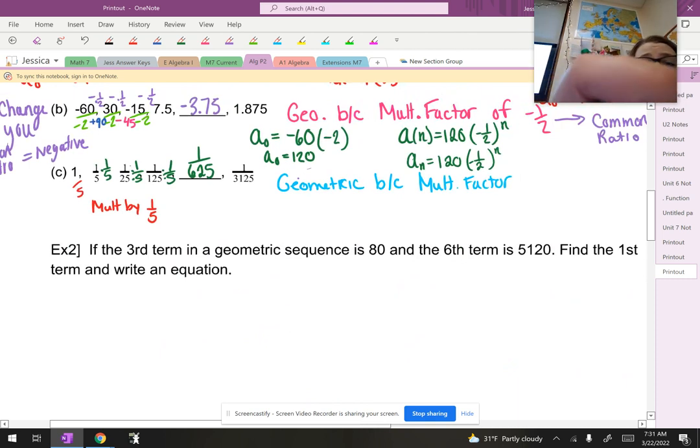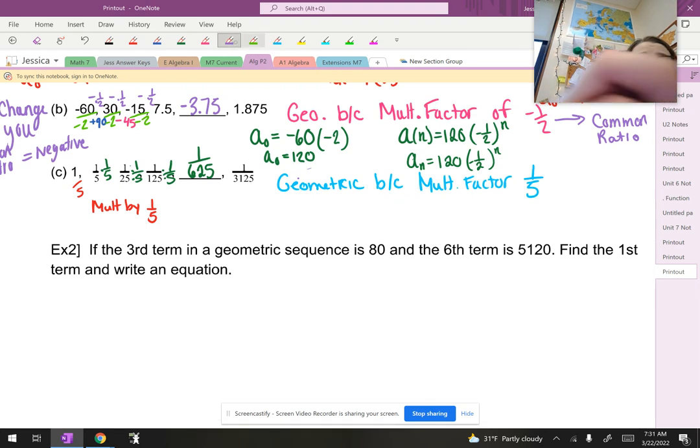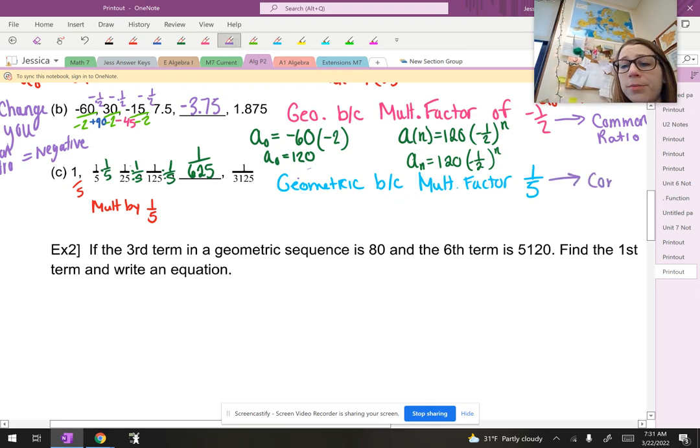So geometric, because it has a multiplying factor of 1/5, which is therefore my common ratio.